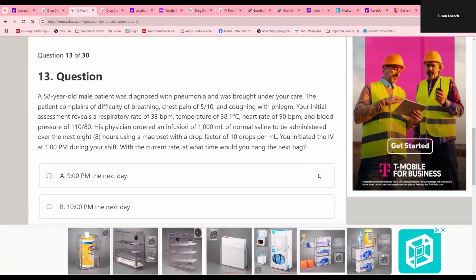See if you can calculate this one. Now, all that stuff at the top, does it matter? No, because what is this asking you about? Just the infusion.